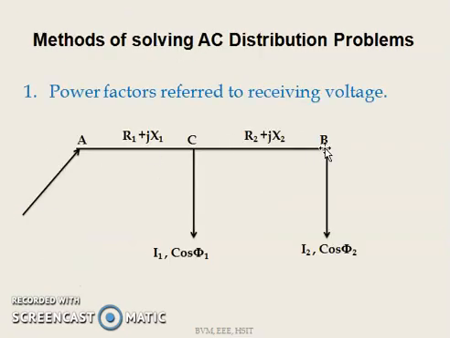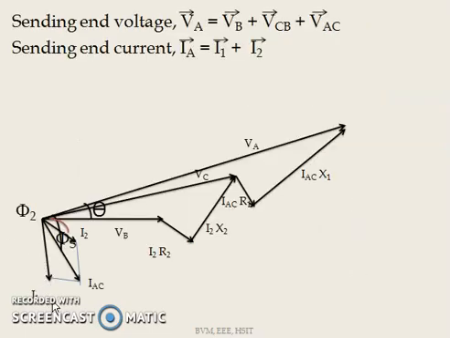The current at this point is I2, and this I2 lags VB by an angle phi 2, because we have assumed that all the loads are inductive in nature. Therefore, current lags the voltage by an angle phi 2. Same I have written here.